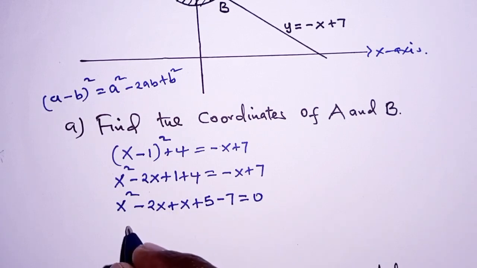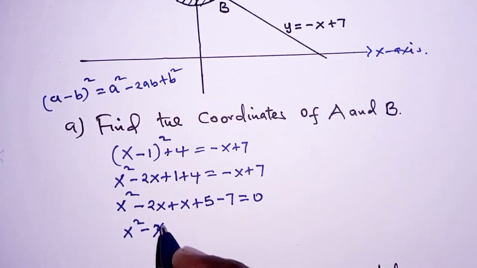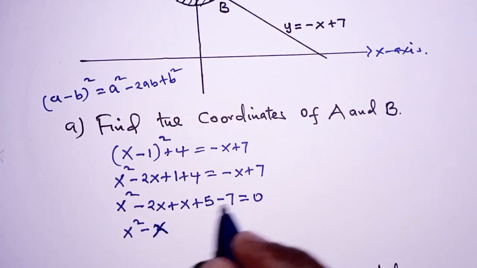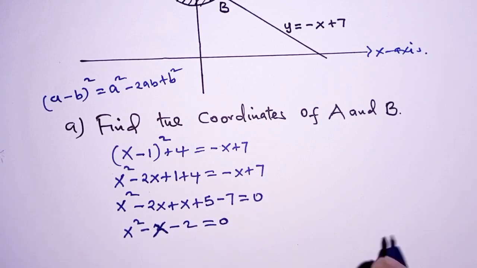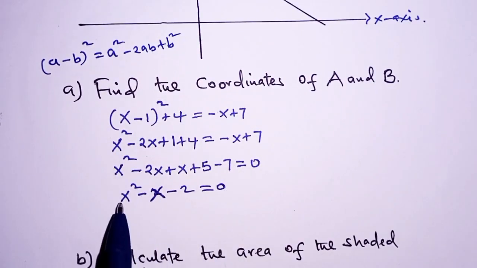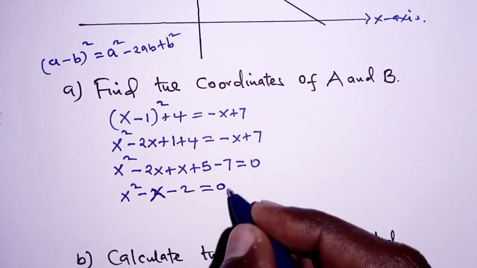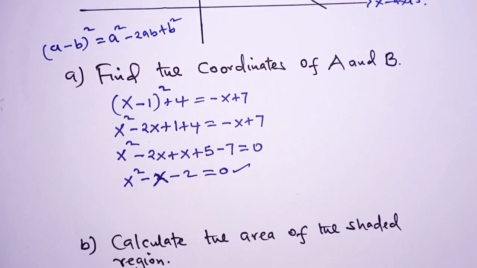So this again simplifies to x squared minus x, and then 5 minus 7, that is minus 2, and then we equate to 0.